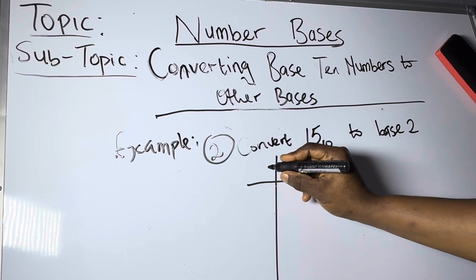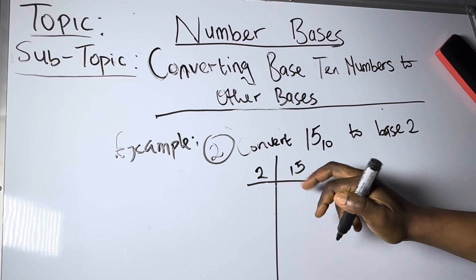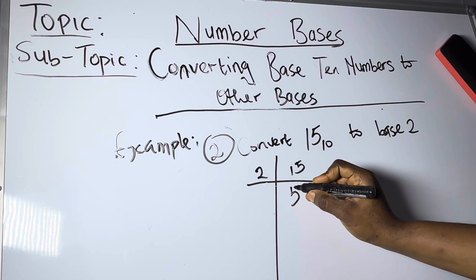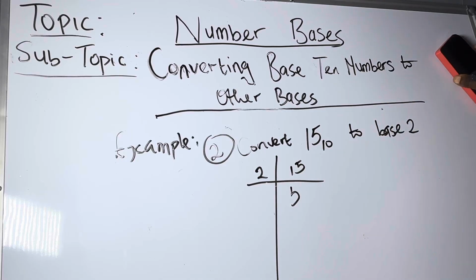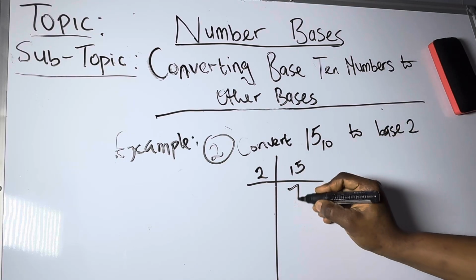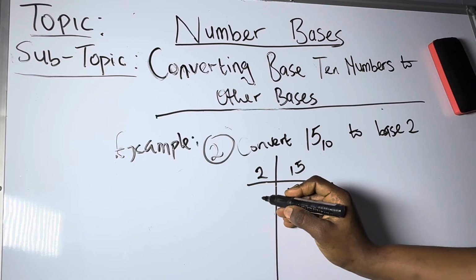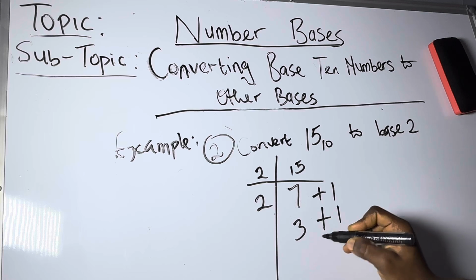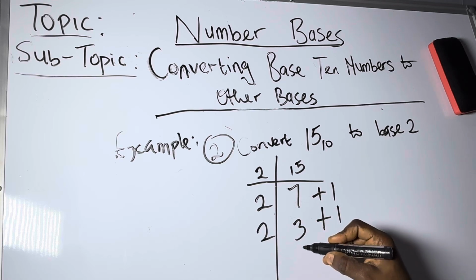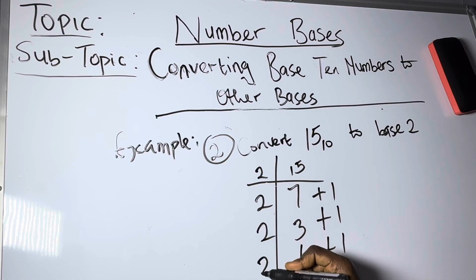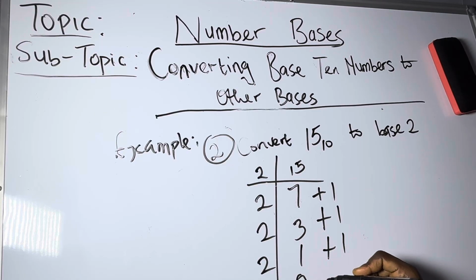15 then 2. 2 in 15 is 7, remainder 1. 2 in 7 is 3, remainder 1. 2 in 3 is 1, remainder 1. 2 in 1 is impossible, that's 0, remainder 1.